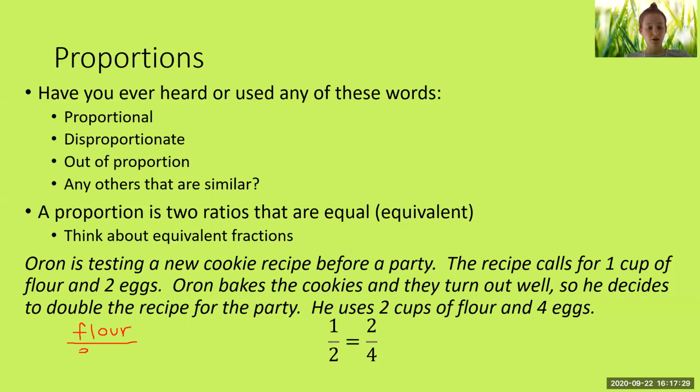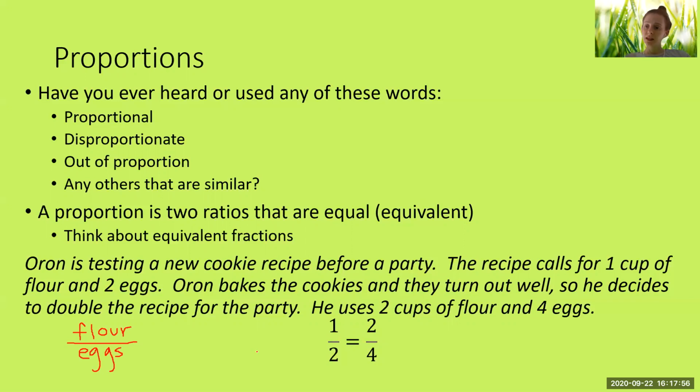And we have this first comparison of 1 cup of flour for 2 eggs. And then in the second round, when he goes to make the recipe again, right, he uses 2 cups of flour and 4 eggs. So he increased both of those ingredients by a factor of 2. He doubled both of the ingredients. And what he did was he formed a proportion.